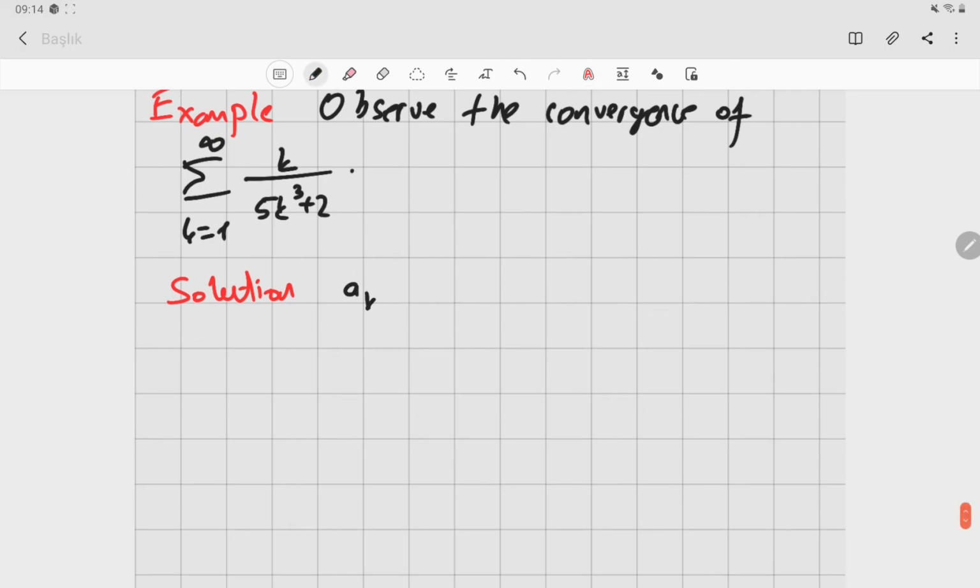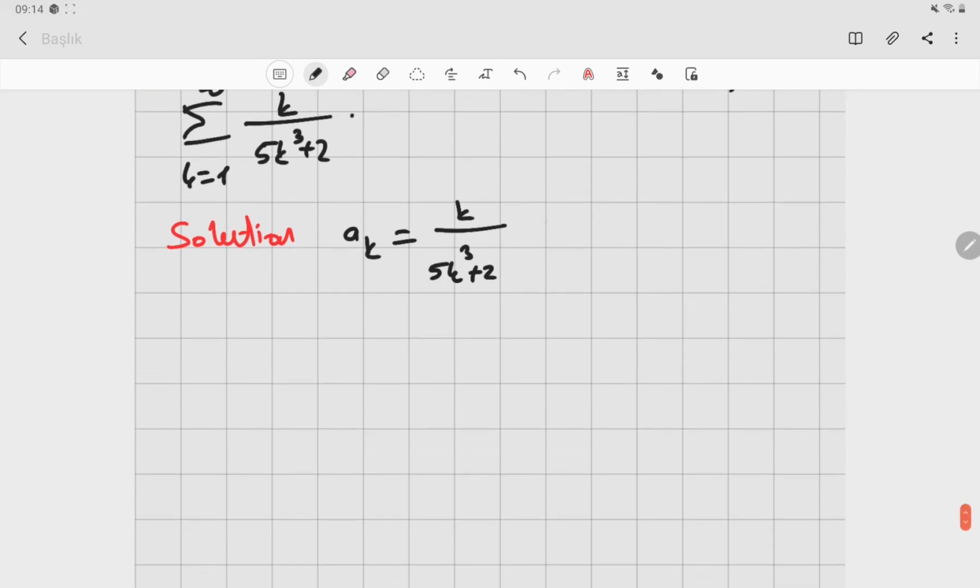Yes, we may write a_k, then limit as k goes to infinity of k to the alpha a_k.